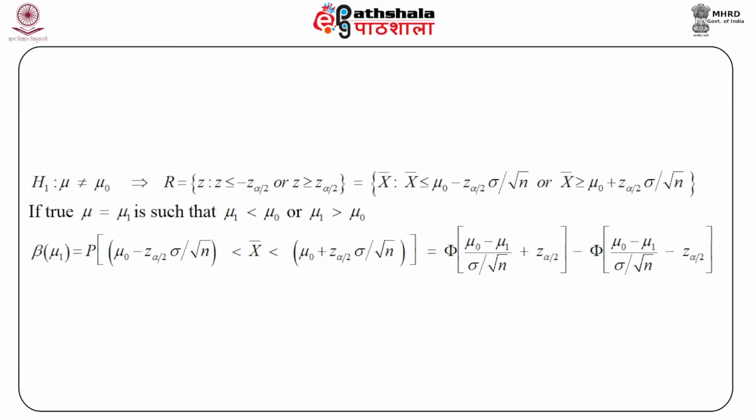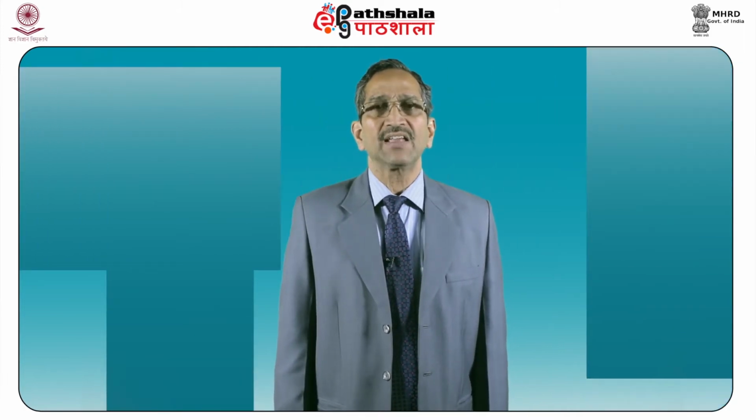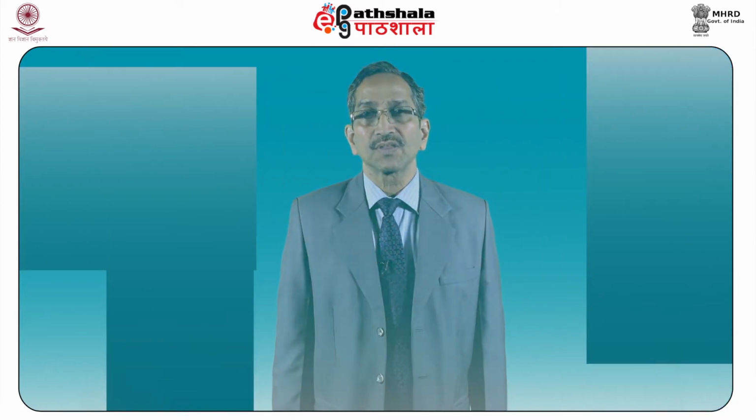So we have Z alpha by 2 as a positive number, and then in the second expression we have minus Z alpha by 2. Now, although the tests for population mean have been used to explain the steps in the hypothesis testing and calculation of beta, the same applies for any parameter theta, where the sample statistic theta hat is normally distributed.